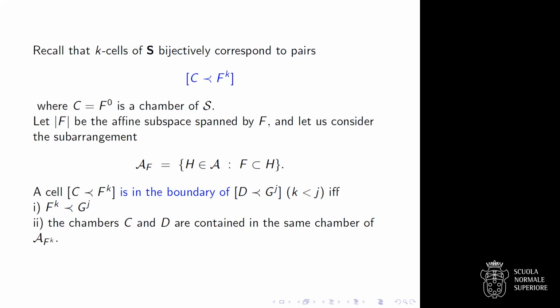So this first property is satisfied, and then we have to consider the arrangement A of F10. A of F10 is nothing else than this hyperplane that we can call H12.